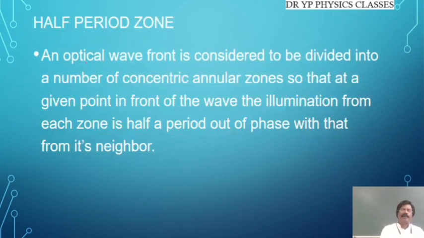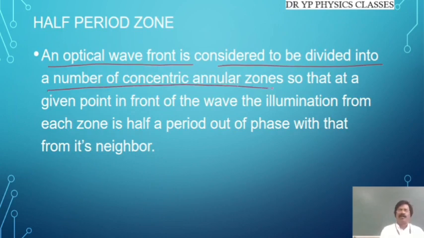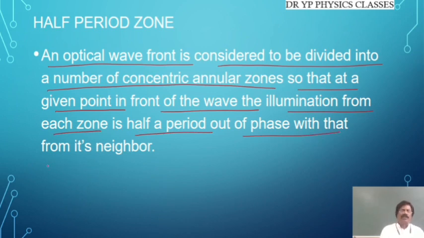An optical wavefront is considered to be divided into a number of concentric annular zones, so that at a given point in front of a wave, illumination from each zone is half a period out of phase with that from its neighbor. Okay, this is very clear.